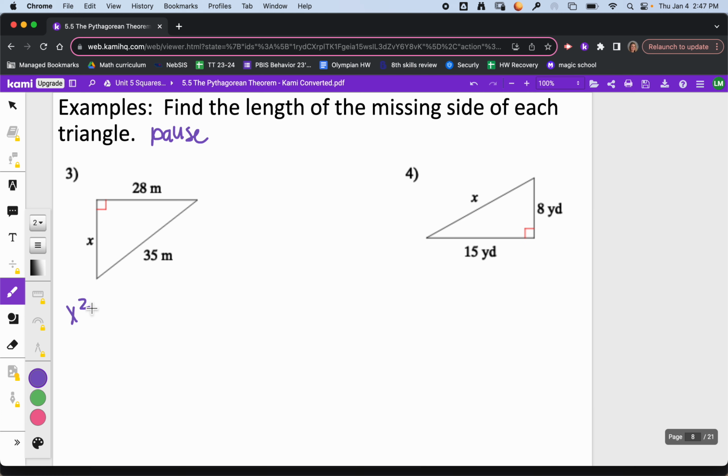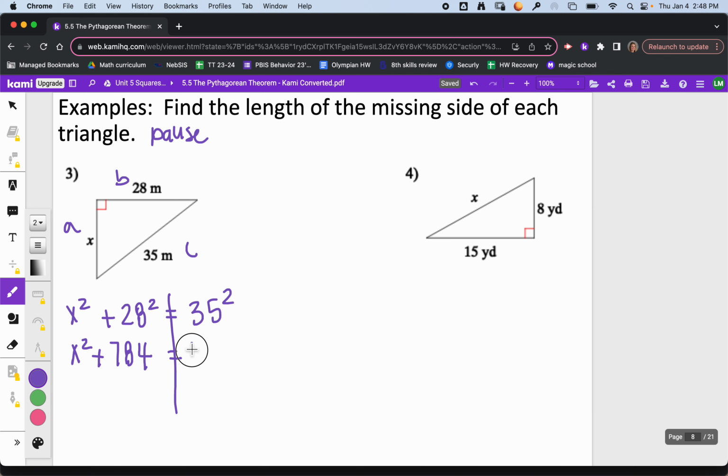All right, we have x squared, which is A, plus b squared, which is 28 squared, equals c squared, which is 35 squared. Let's go ahead and square these numbers. 28 squared is 784, and 35 squared is 1,225.